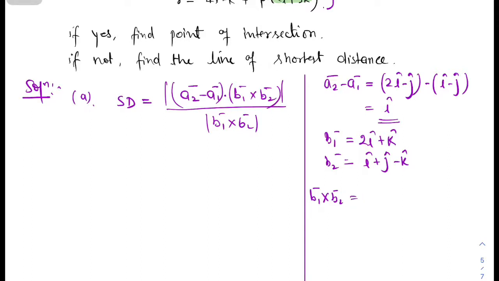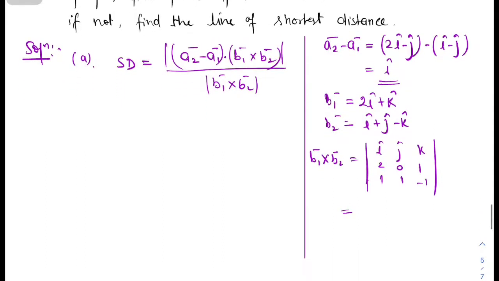Okay, so you can check, this b1 cross b2 is the determinant of i, j, k, and it will be minus i cap plus 3 j cap plus 2 k cap.